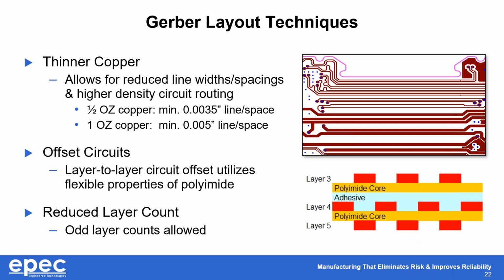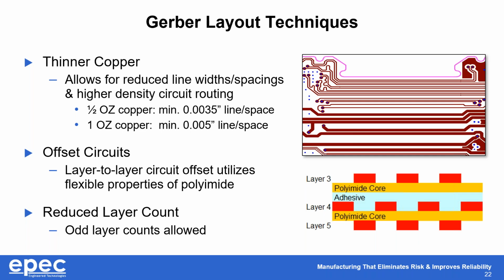This takes advantage of the fact that the polyimide core itself is flexible, and within a design, that polyimide core will bend. By having your circuits offset from one another, it allows the polyimide core to essentially serpentine between adjacent layers, allowing them to package a little tighter.